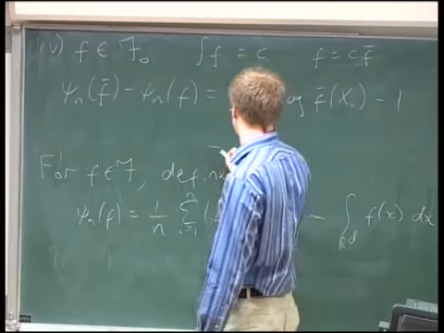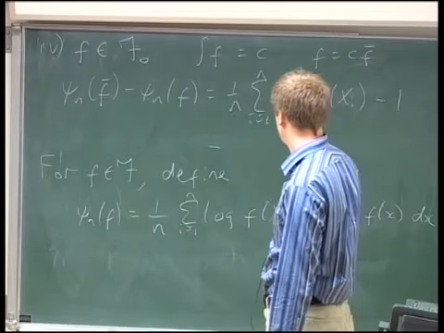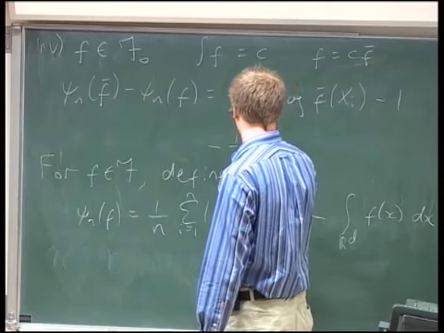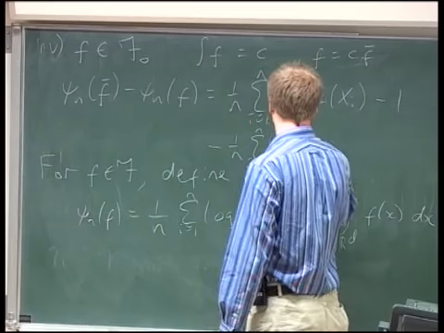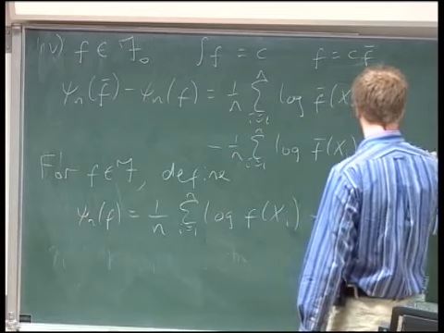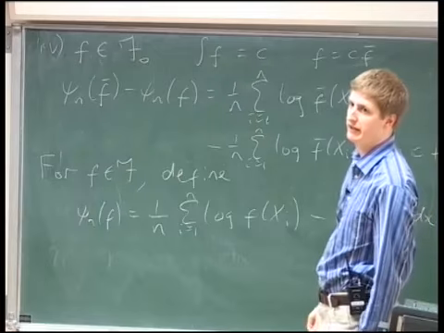I then have to subtract off the same thing that I get with f, and what you see is you get exactly this same term appearing, but also with a minus log c, and then I have to add back on a c for the integral of f here.